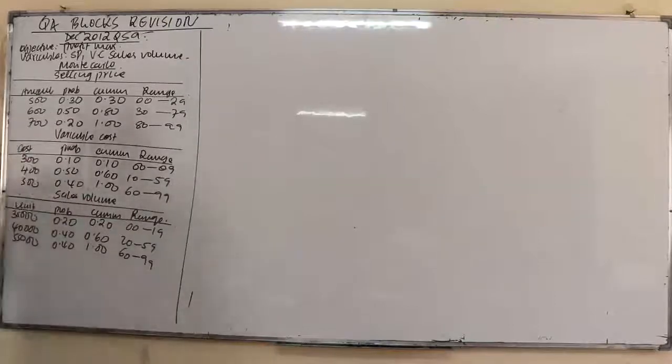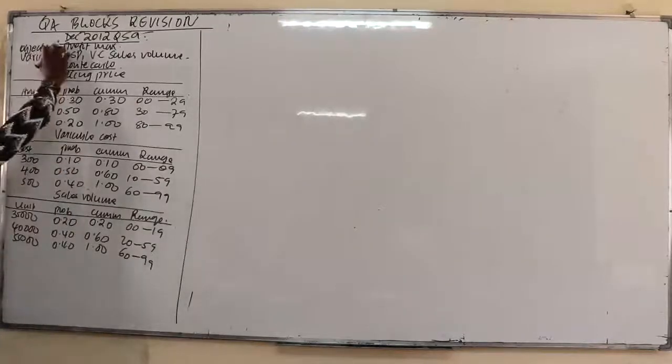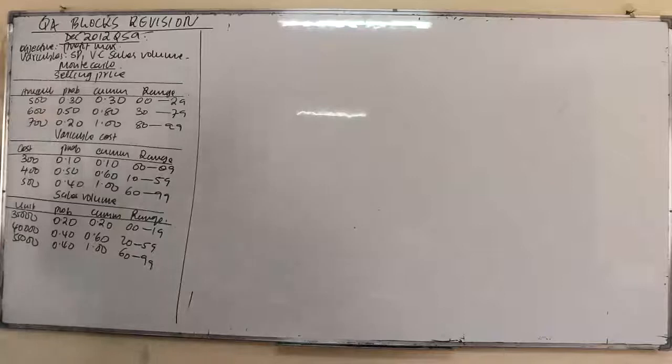Then step number 4, you determine the logic of the model. How do you determine the logic of the model? In this case, our objective is to determine the profit. And then we have 3 variables: the selling price, variable cost, and sales volume. So when developing the simulation worksheet, how can you arrange that information so that you can attain your objective? To get the profit, you take the selling price, you less the variable cost so that you get the contribution margin per unit.